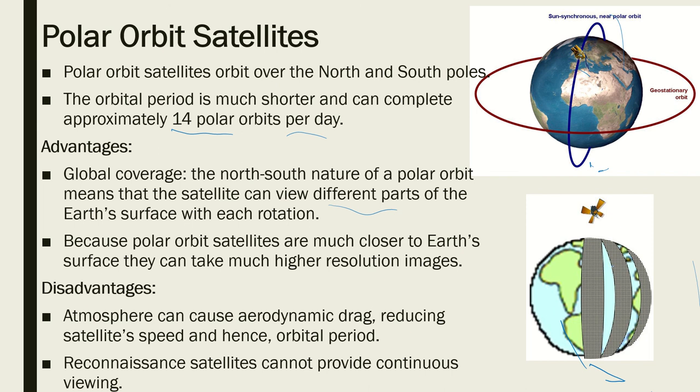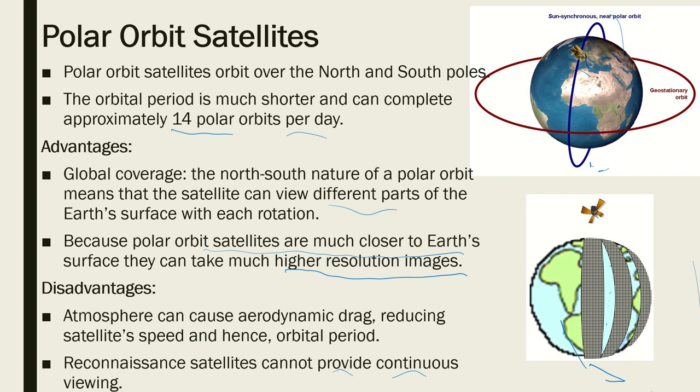But there's going to be snippets where it doesn't cover anything and it misses that area. So it's not continuous viewing, that's a disadvantage. But because it is much closer to Earth's atmosphere, they take much better high resolution images. And again, they cover more global coverage because they're going around the poles, and as the Earth rotates, they can see more of the globe.